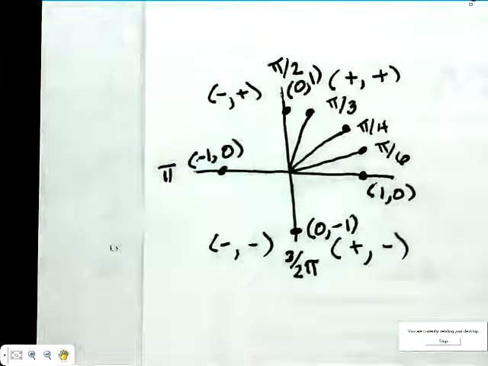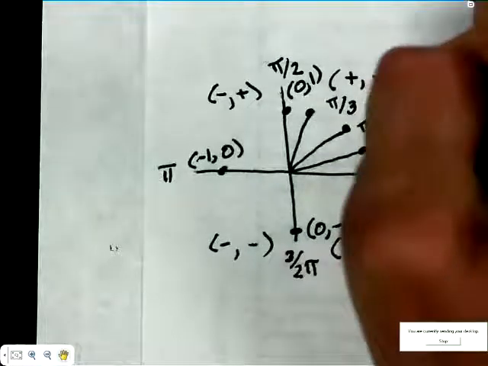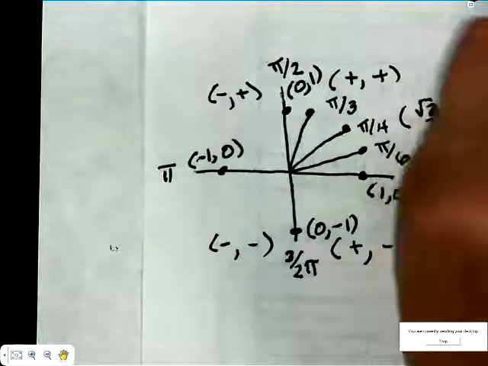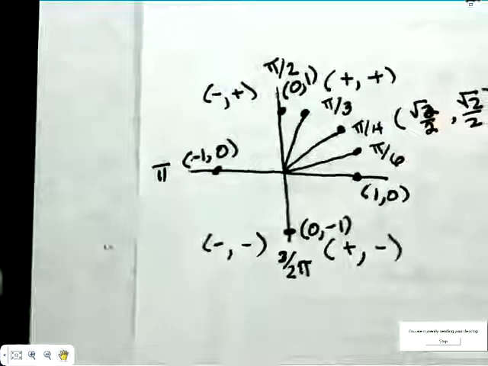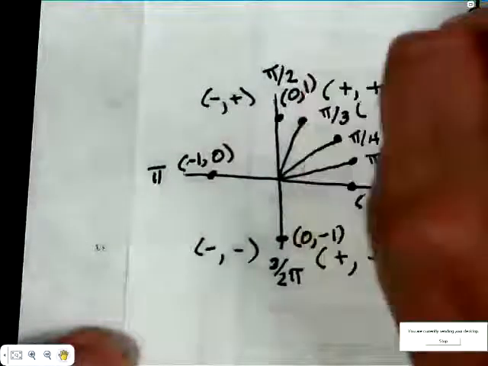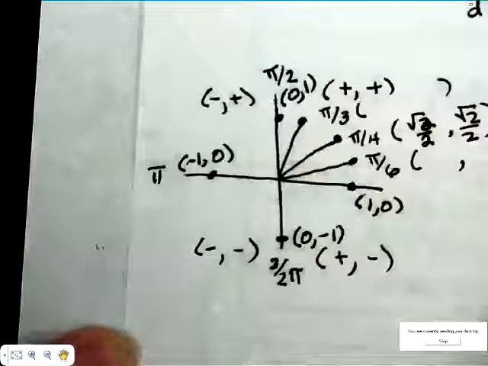Remember that at the quarter pi, the x and y are both square root of 2 over 2. And at pi over 6 and pi over 3, one of the coordinates is a half and the other is square root of 3 over 2. I just need to figure out which is which.